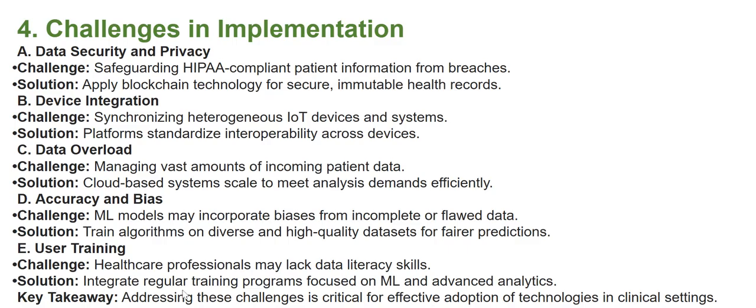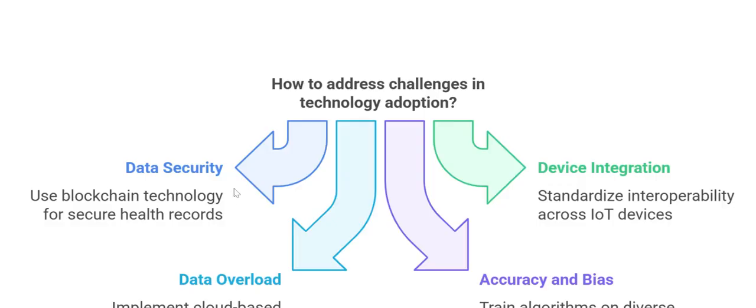The solution is to integrate regular training programs focused on machine learning and advanced analytics. The key takeaway: addressing these challenges is critical for effective adoption of technologies in clinical settings. And here is a summarized diagram on how to address challenges in technology adoption: device integration, accuracy and bias, data overload, and data security.